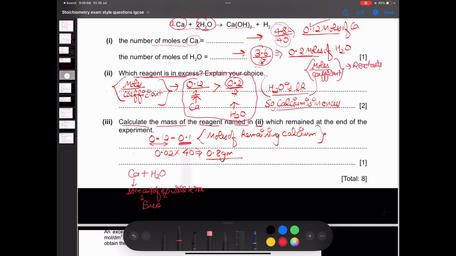If you subtract both of these, you get 0.02, and we simply need to multiply this with 40 to get the remaining mass. See, what I did here is I subtracted 0.1 from 0.12 to get the remaining moles of calcium, which gives us 0.02, and you have to figure out the mass. So multiply with 40. That will give you 0.8.